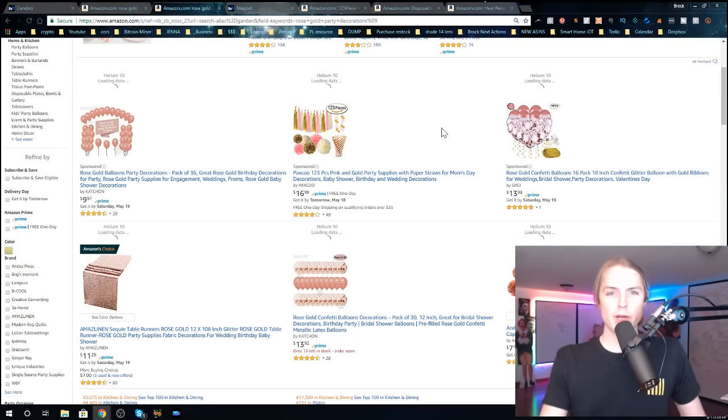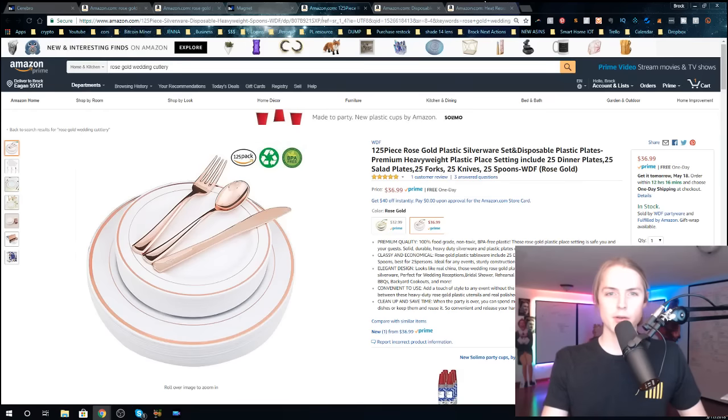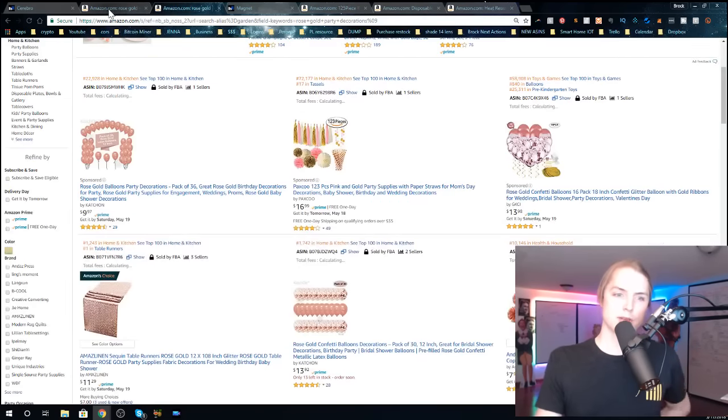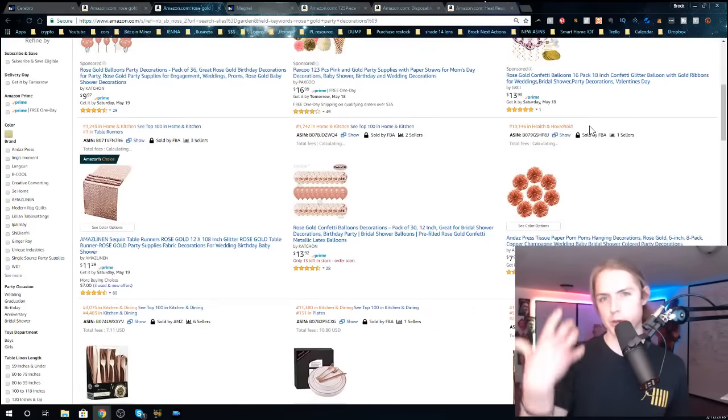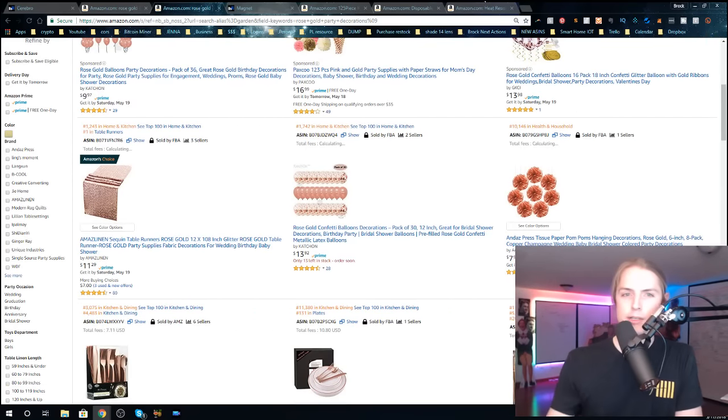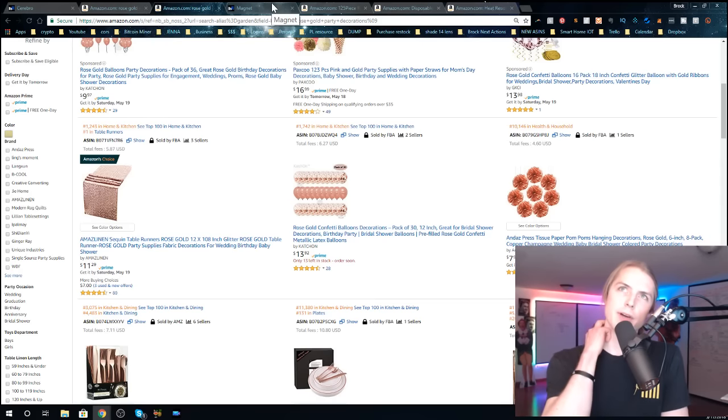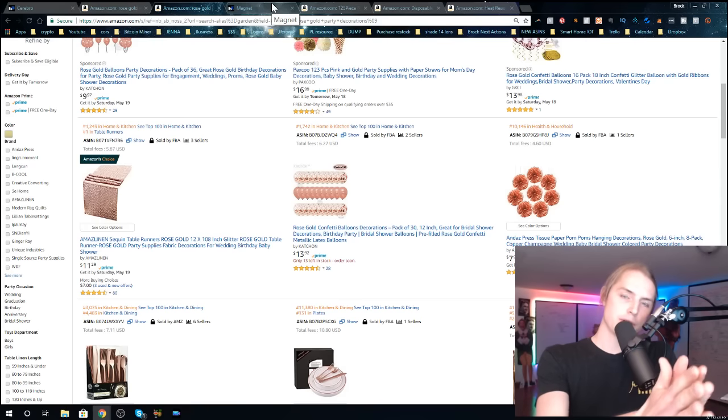So apparently, what I would like to do here is look up now. It seems like there's something about the word rose gold that might be a trend, is what I'm seeing here. Like I identified the unicorn trend in November, I think. And then all of a sudden there started to be opportunities for unicorn everywhere.